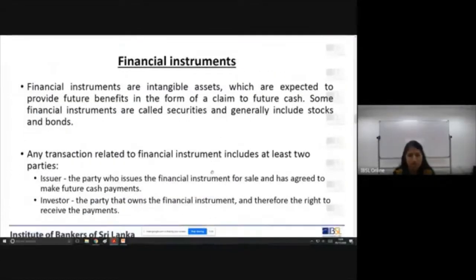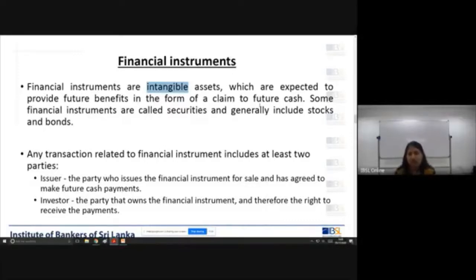Now, financial instruments, remember, we use the word intangible. These are intangible assets that are expected to provide you future benefits in the form of a claim to future cash. Simply think about a fixed deposit. Okay, fixed deposit. The proof is you have a fixed deposit certificate. Yes. So what does that give you?